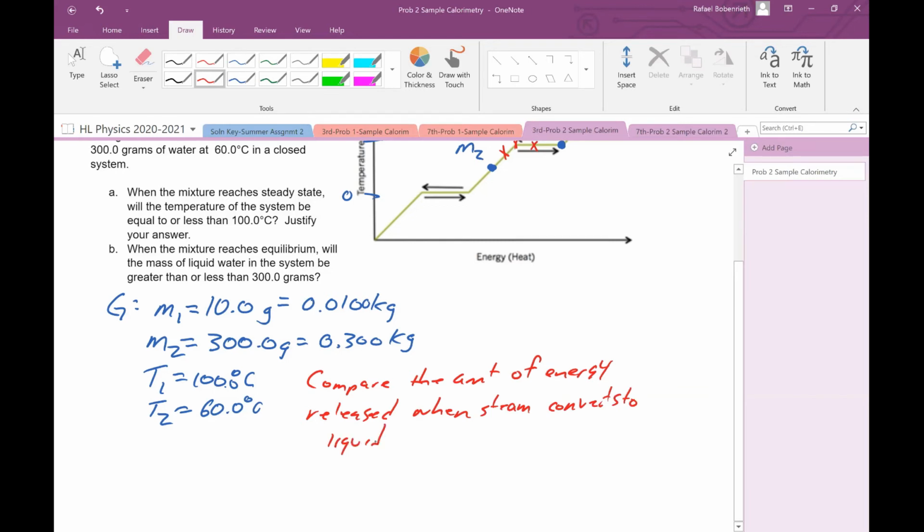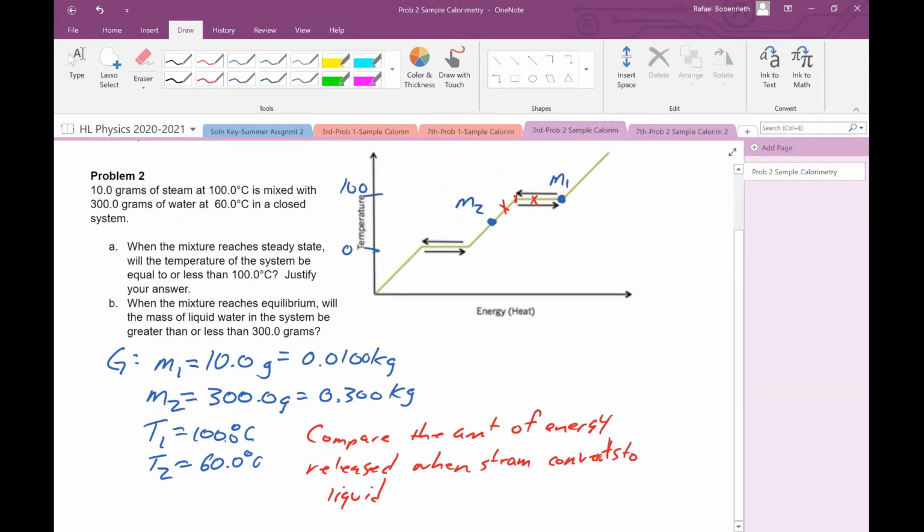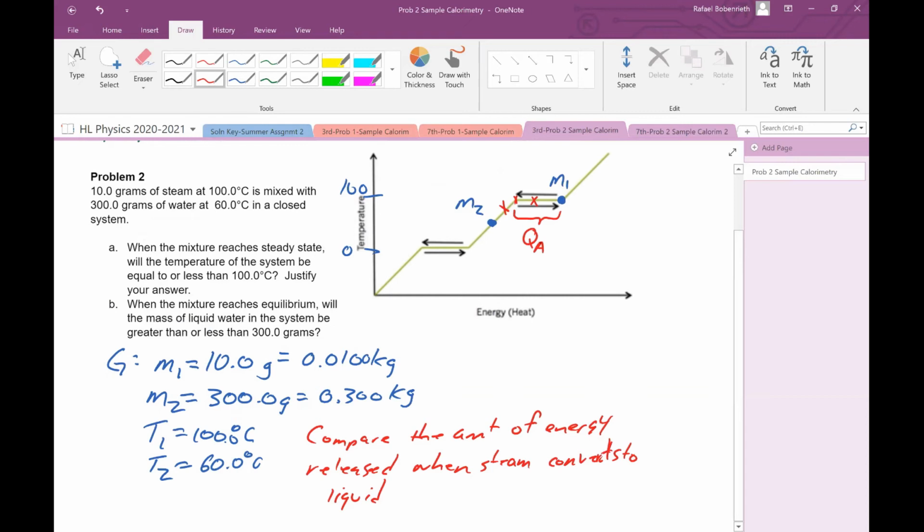Okay, so the amount of energy that the steam releases when it converts to liquid, I'm going to call that QA. Notice that's represented by that bracket there.